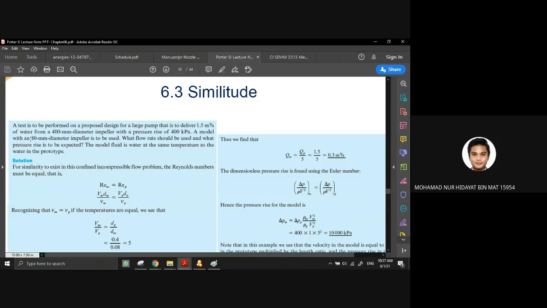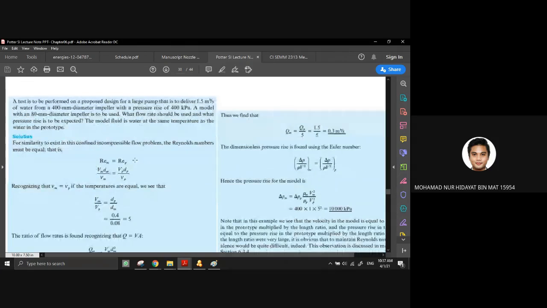A model with an 80 millimeter diameter compared to the 400 millimeter diameter impeller is to be used. What is the flow rate of the model and the pressure rise to be expected? So now they said that this is incompressible. You know that incompressible means water.